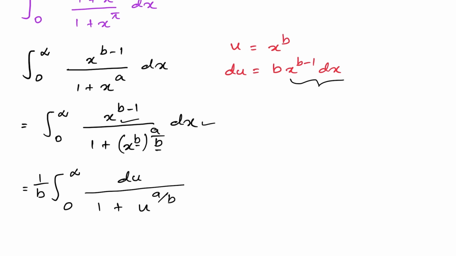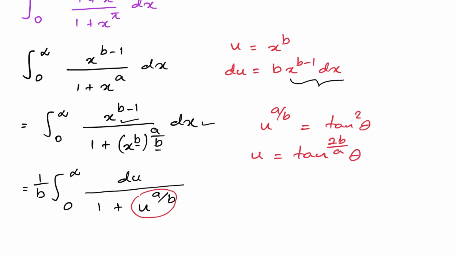Now to evaluate this integral, again we can take a substitution. Let u to the a over b be equal to tan square of theta. Then we can isolate u: u is equal to tan raised to the 2b over a of theta.